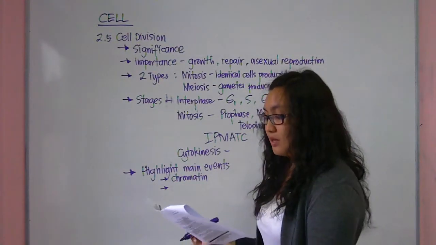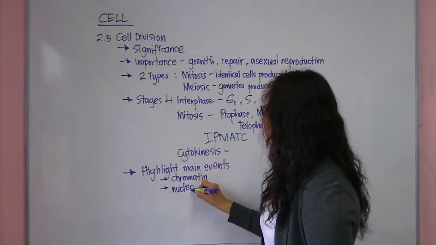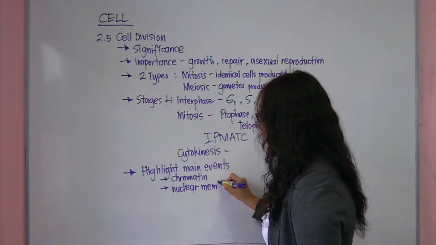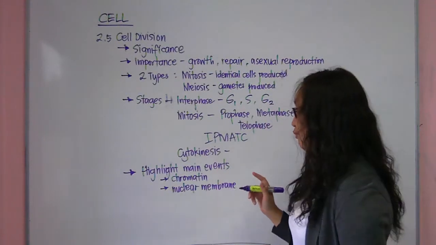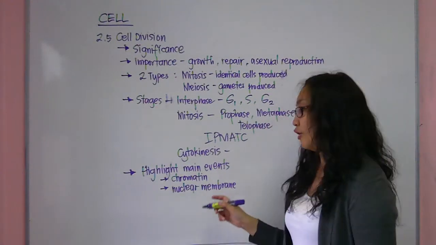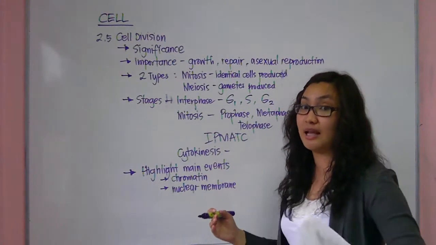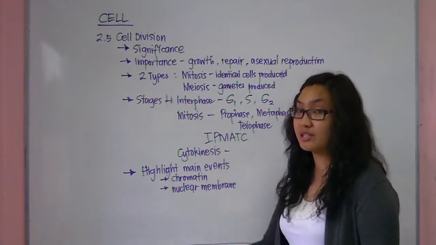Another thing, since the cell is going to undergo cell division, the nuclear membrane is not going to be used for a while. There is a specific phase in prophase where the nuclear envelope that separates the genetic material from the cytoplasm and other organelles is going to disappear for a while.